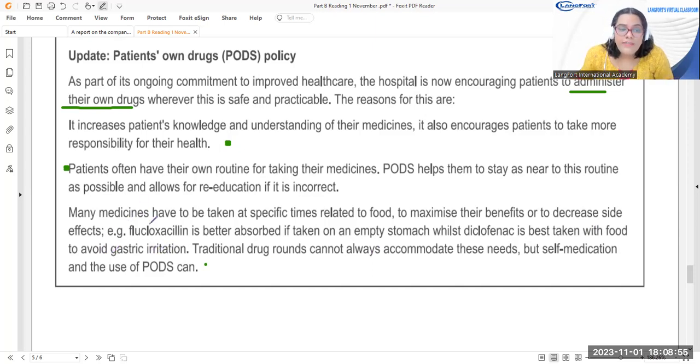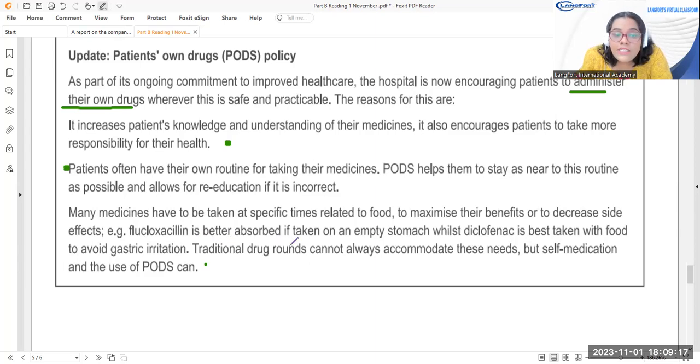Some medications have maximum benefit when taken with food, and sometimes it can decrease the side effects.